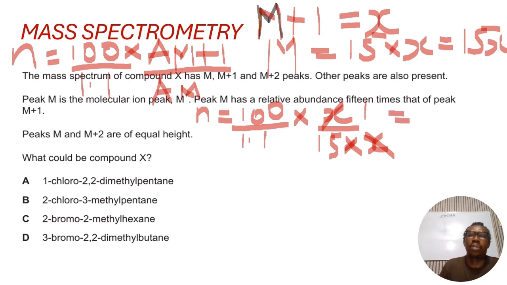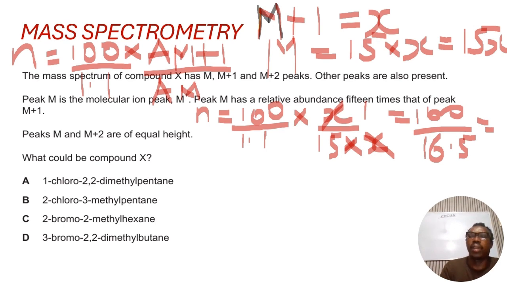I have to use my calculator now. It will be 100 times 1, which is 100, divided by 1.1 times 15, which is 16.5.